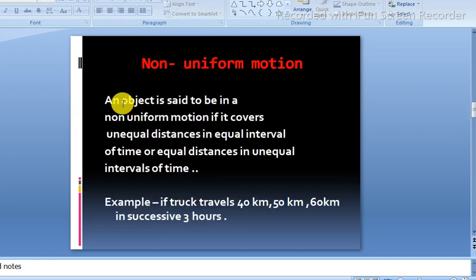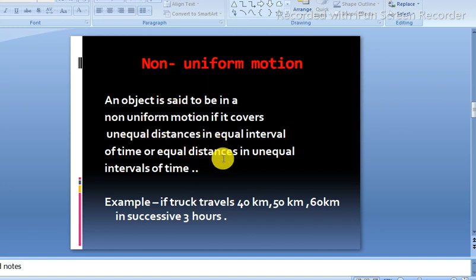Next, we have studied that an object is said to be in non-uniform motion if it covers unequal distances in equal interval of time or equal distances in unequal interval of time. For example, if a truck travels 40 kilometers, 50 kilometers, 60 kilometers in successive 3 hours, the distances are unequal in equal interval of time, so such type of motion is known as non-uniform motion.